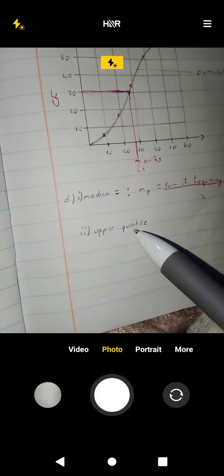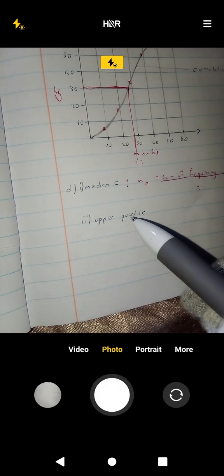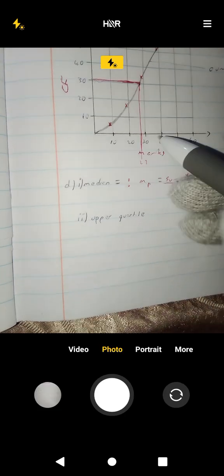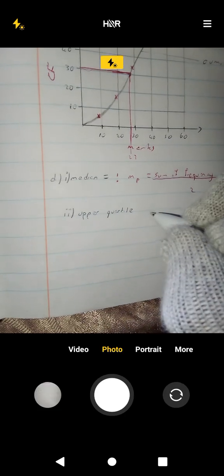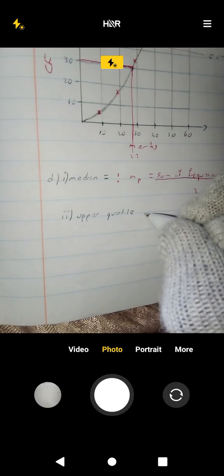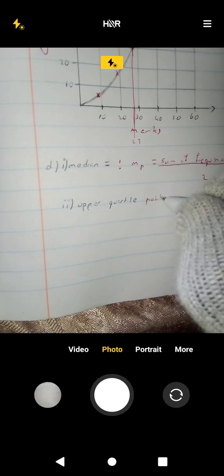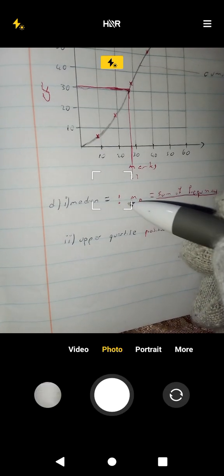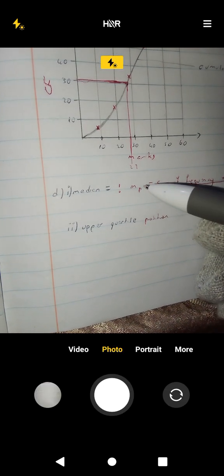So we now want the upper quartile. To find the upper quartile, we first find the upper quartile position, just like when we wanted the median: we first found the median position and then found the median.